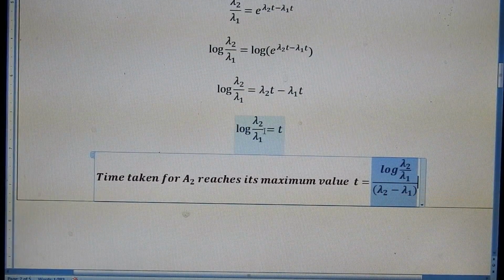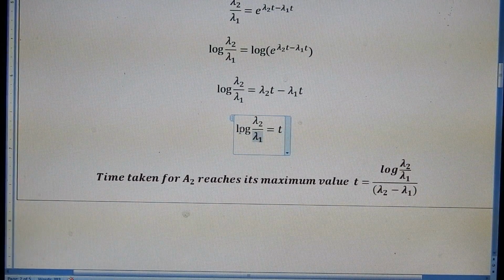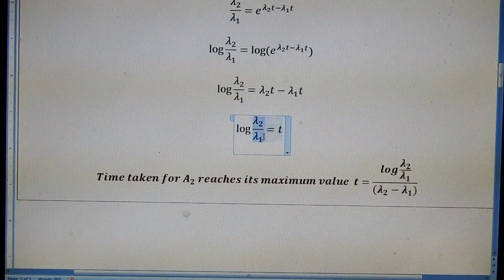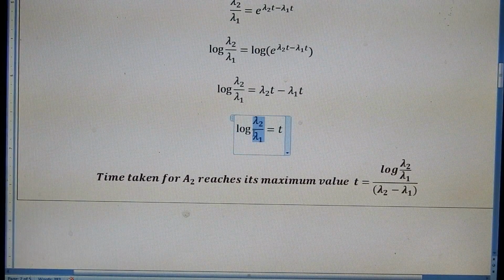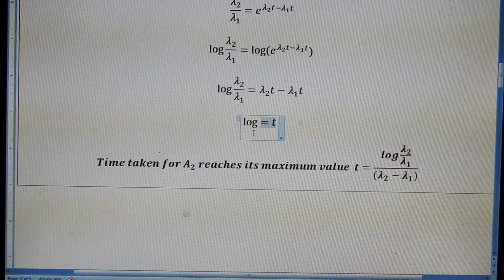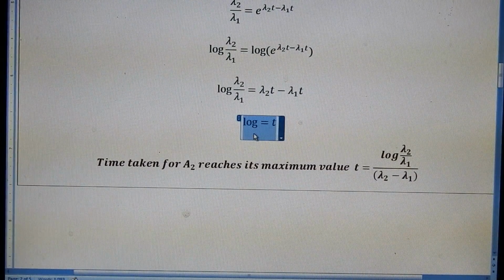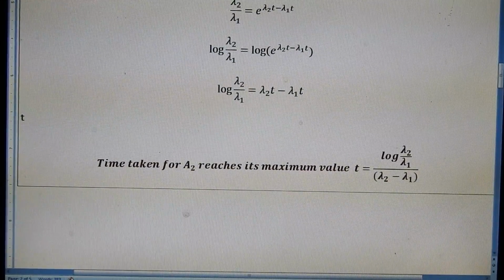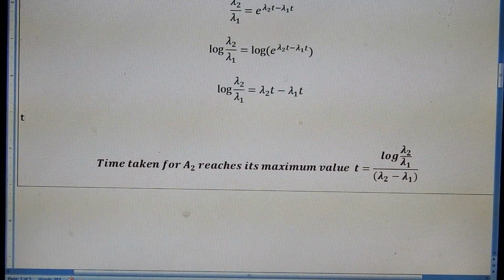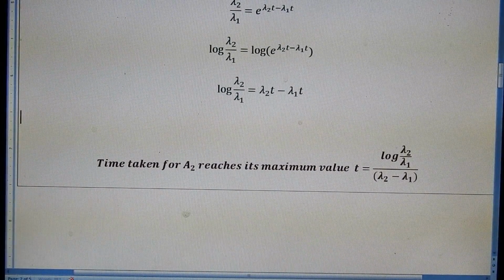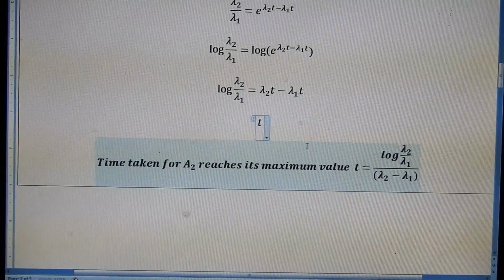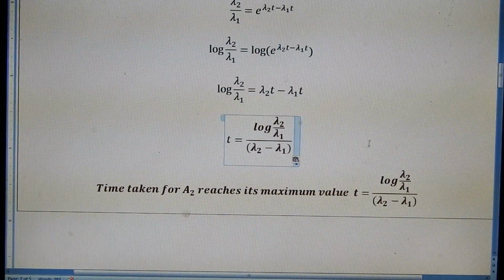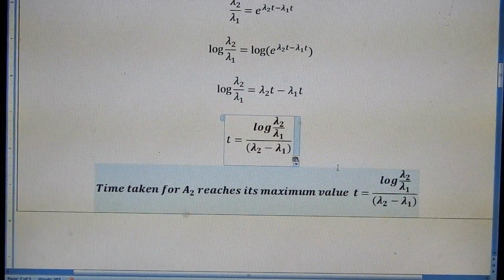So this is the term we write here, and t is equal to this. This is the final value we got after simplification.